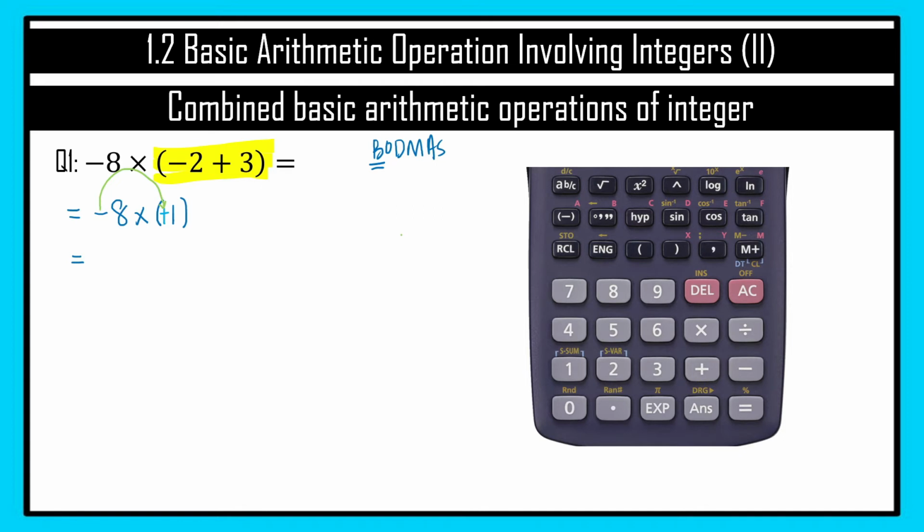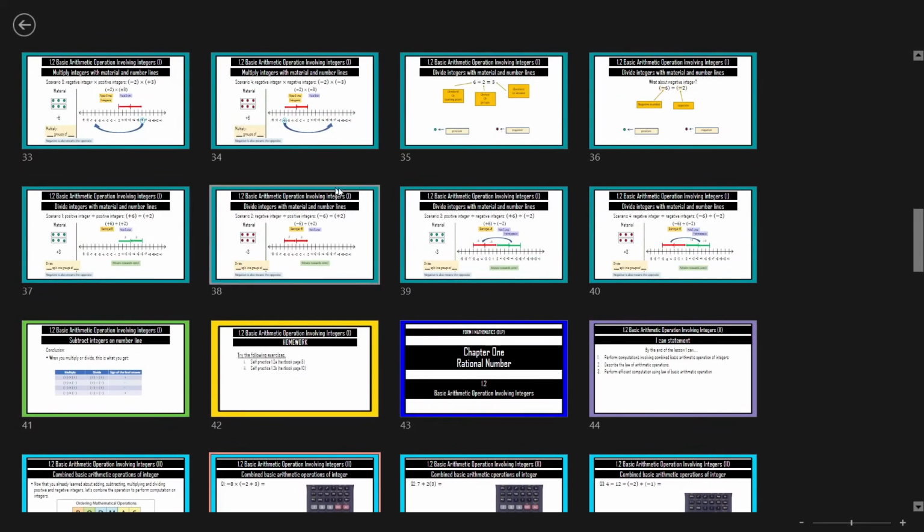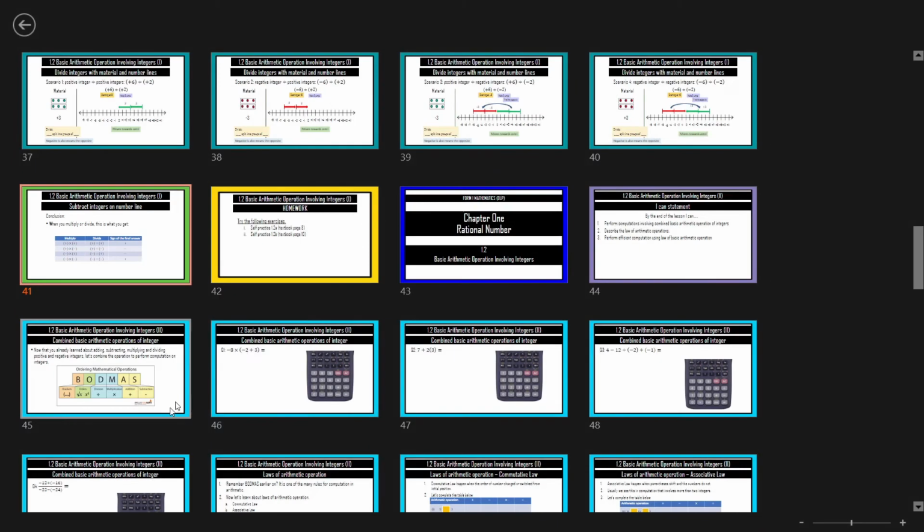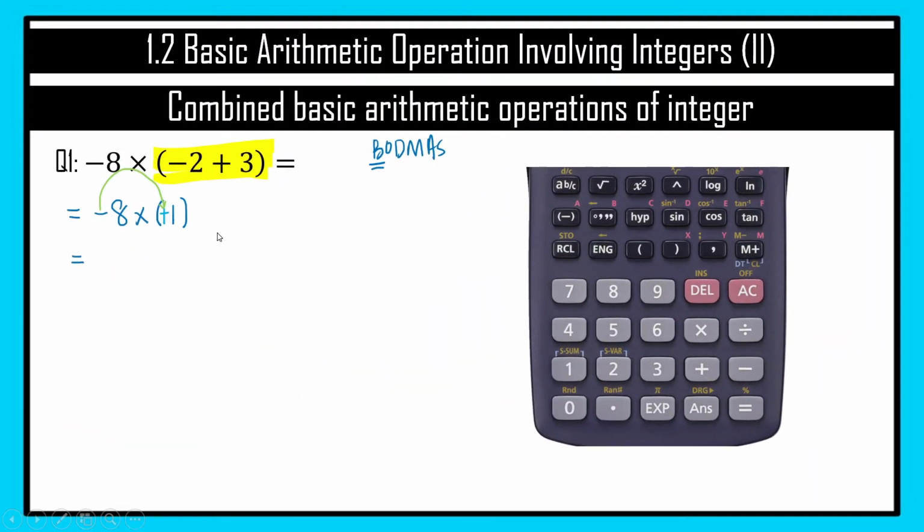If you can remember previously, if a positive multiplies a negative, our final answer will be negative. So we're going to have an answer of negative. Let me change the pen color first. And then 8 multiplied by 1 is 8.